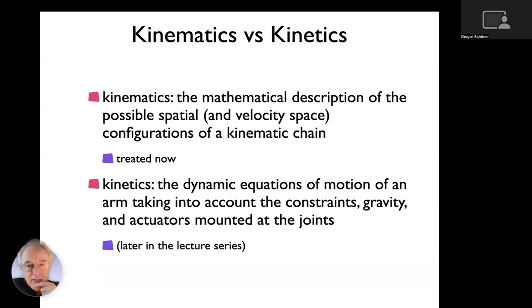The other issue is that as a mechanical system, with masses, in particular, with inertial moments when you rotate these things, there are dynamic equations of motion, including the effect of gravity on these arms, that also need to be understood for control, for knowing how the actuators have to overcome forces and so on. And there will be a later lecture that will give a brief survey over these kinds of problems. And this is sometimes called kinetics, especially in the biomechanical domain. Roboticists, I think, talk about kinetics or call it dynamics.